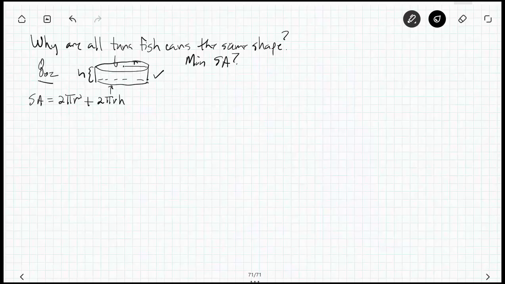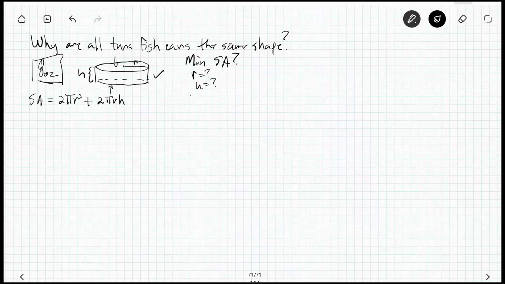Now, the dimensions in this case, I'm looking for the radius and the height, right? But here's the problem. I've got surface area, but it's a function of 2 variables. I've got radius and height. I need to make one disappear. Well, can you think about how to do that? Hey, wait a sec. I know that all these tuna fish cans have 8 ounces in them.